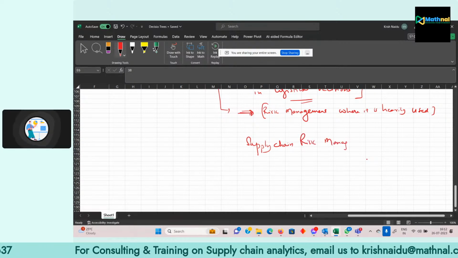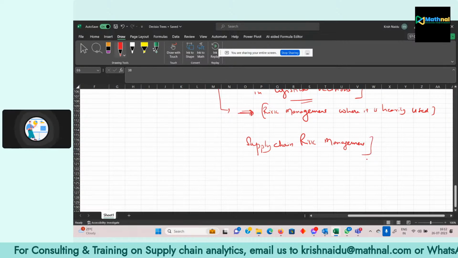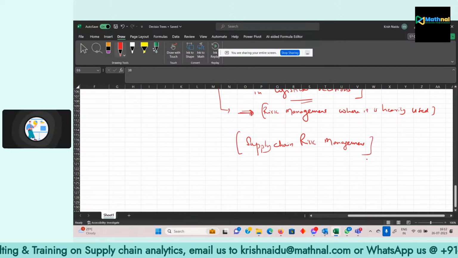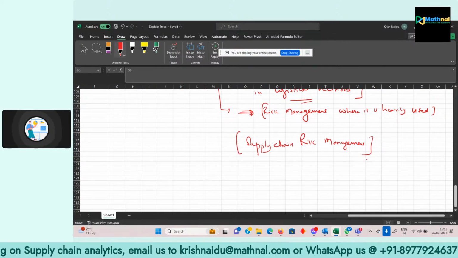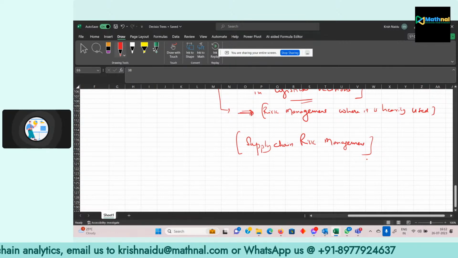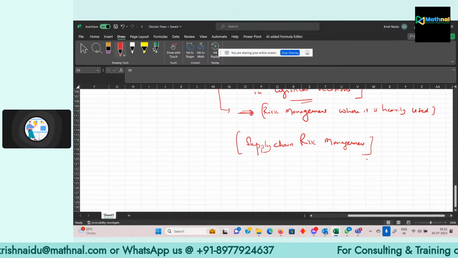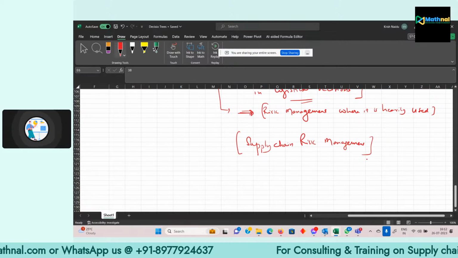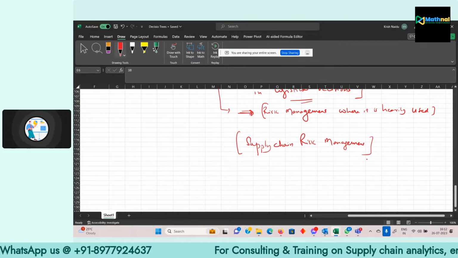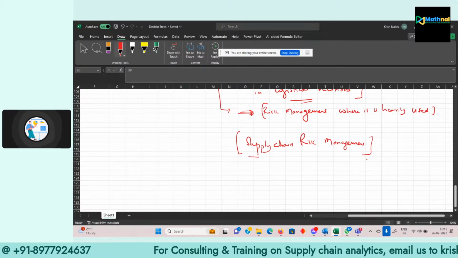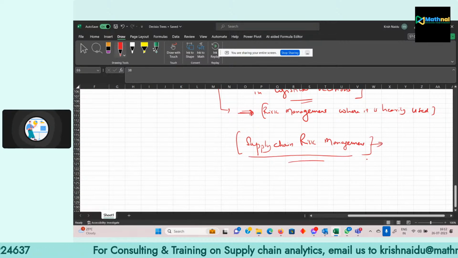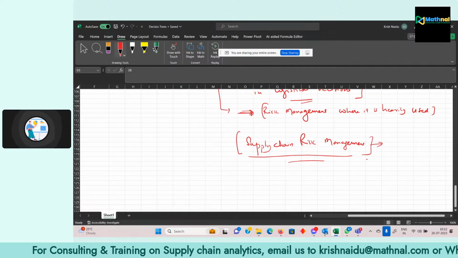Algorithms like decision trees are very helpful to businesses, non-business sectors, profit-making and non-profit-making sectors, whatever they are. They're applying decision trees very much in risk management.